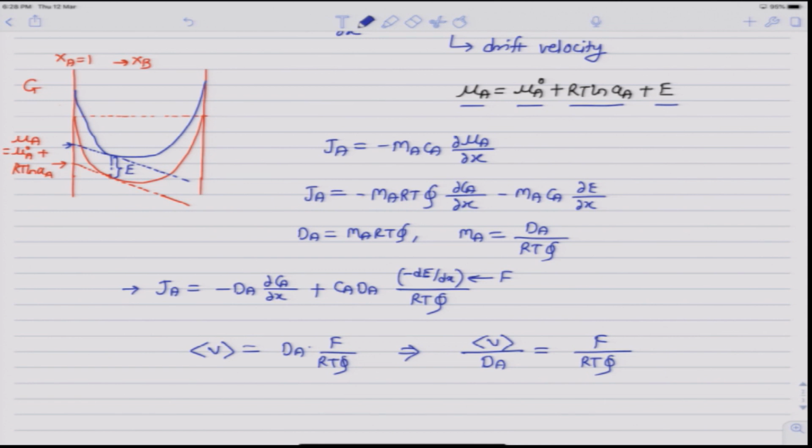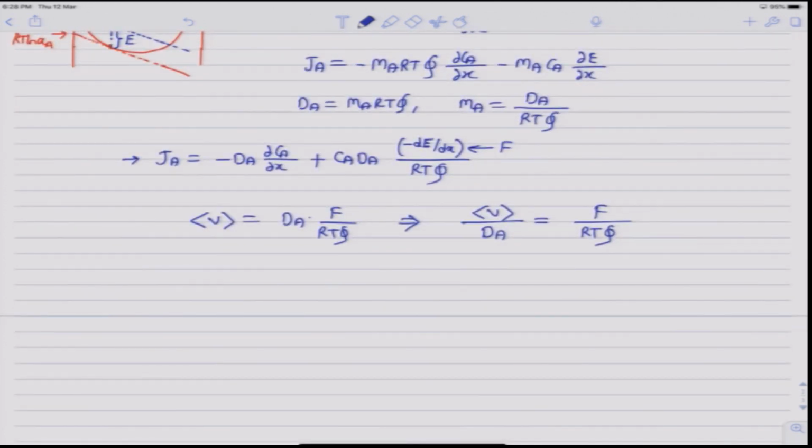If we consider a dilute solution or an ideal solution, this takes the form V over DA is equal to F over RT, and this is the well known Nernst-Einstein equation.